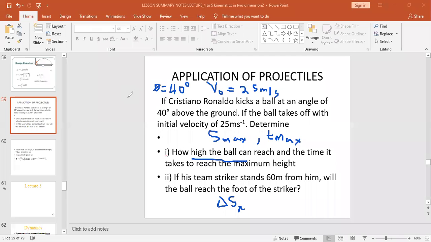The reason why acceleration is equal to 0 is because the horizontal component of the initial velocity is not lost. It keeps the velocity. The velocity does not depreciate. There is no force retarding it to slow it down. So the velocity remains constant.